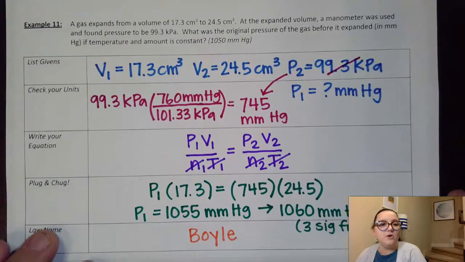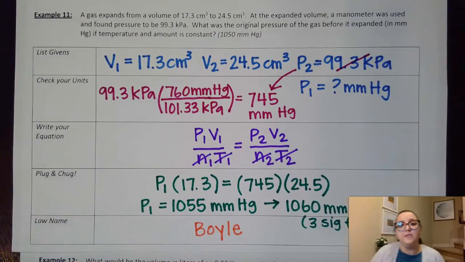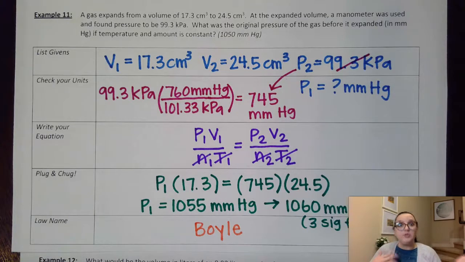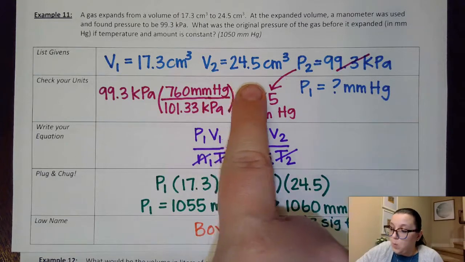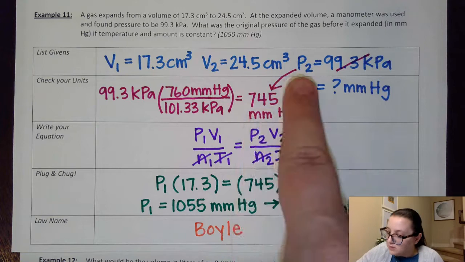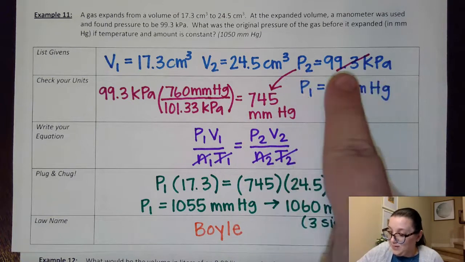All right, so it told us that a gas expands from a volume of 17.3 centimeters cubed to 24.5 centimeters cubed. So those were my two volumes. At the expanded volume, so that would be this 24.5 because that's the bigger volume, the pressure was found to be 99.3 kPa.